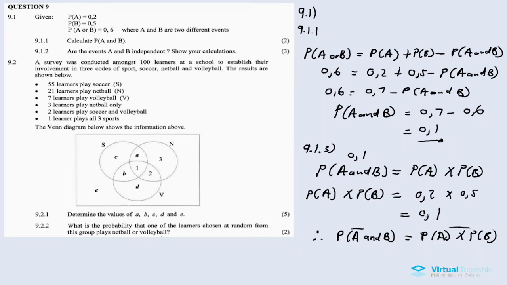So that means A and B are independent events. They are independent events. So that's the conclusion.